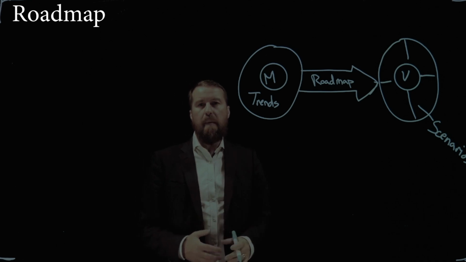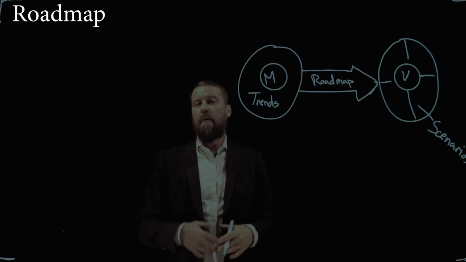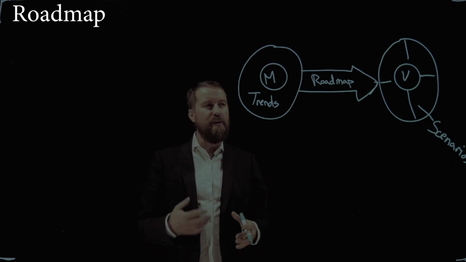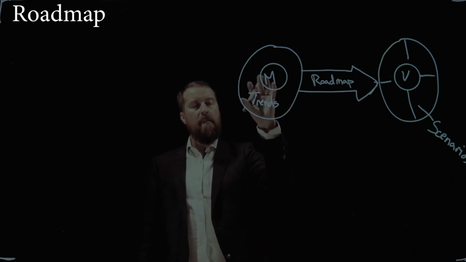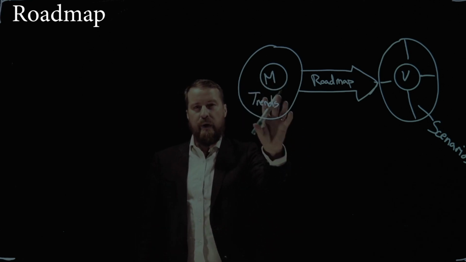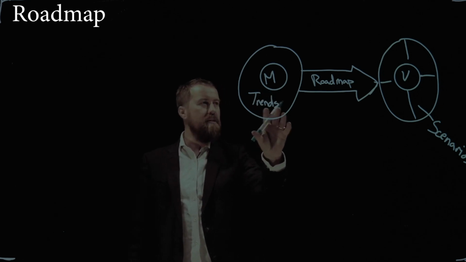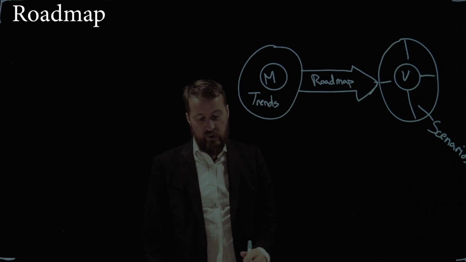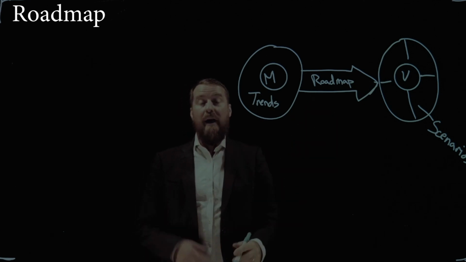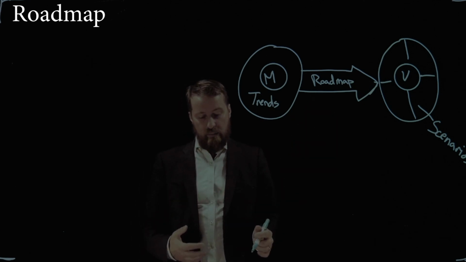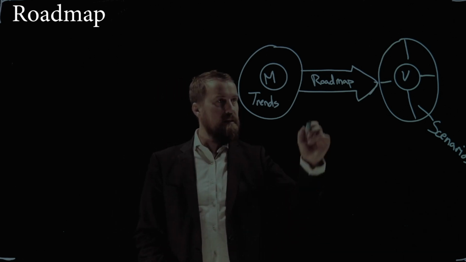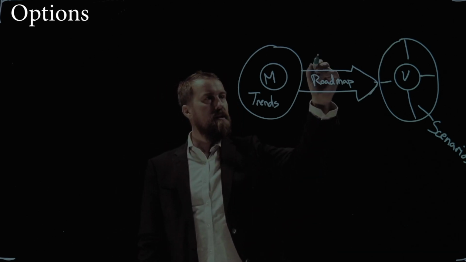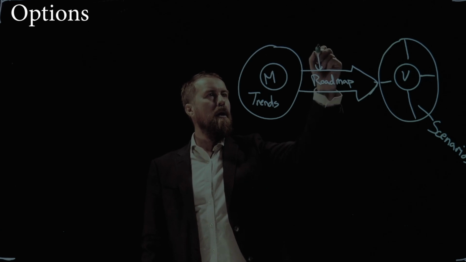This small roadmap is our game plan, our project management plan, so to speak, of going from why we exist with the trends that influence our business to the visions and the scenarios of where we want to be in the future. This roadmap, again, is influenced by some things, and these influences are what we call options.